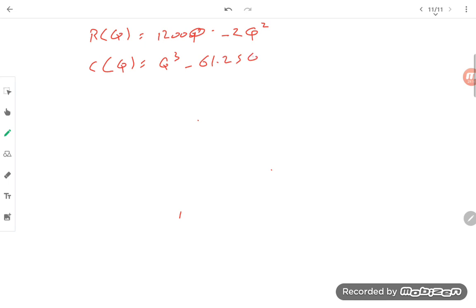Okay, if you are given revenue and cost functions, and we would like to maximize profit. So say for example this is revenue, $1,200 minus 2q minus 2q squared, and the cost function is q to the power 3 minus 61.25 q squared plus.